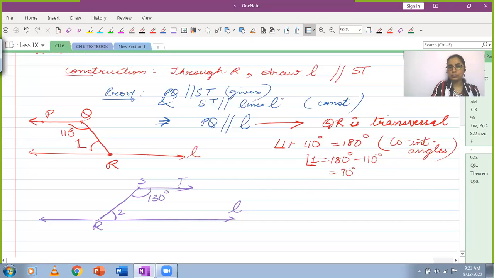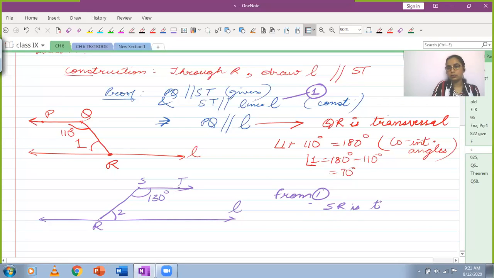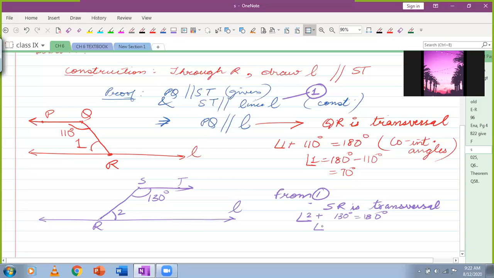So I'm using this now. You can mark this as 1. Can you name the transversal here for this pair? ST is parallel to line L. SR is the transversal. This will be 50 degrees.